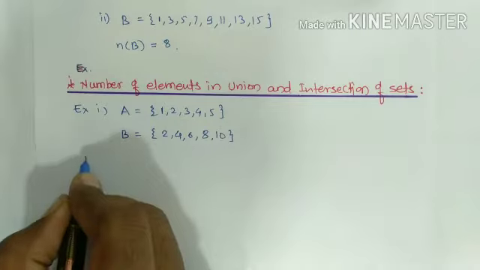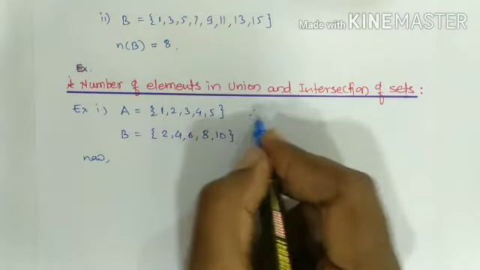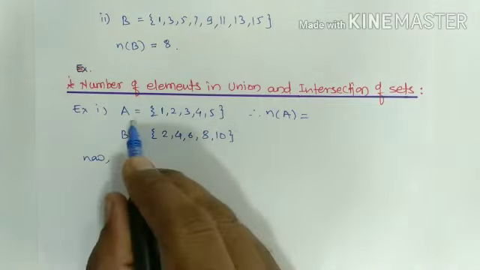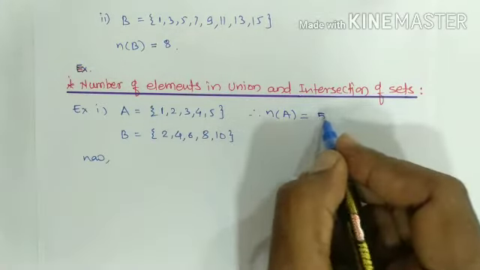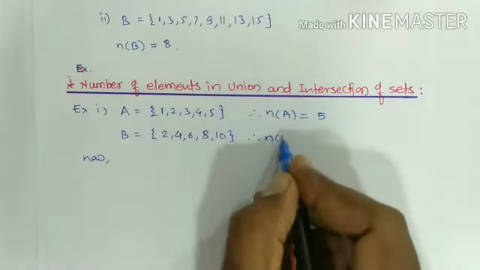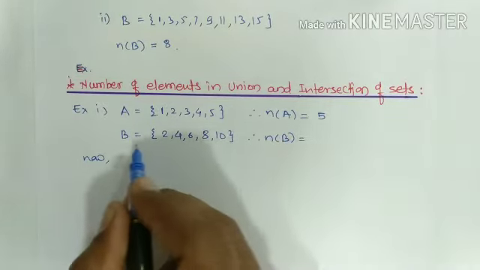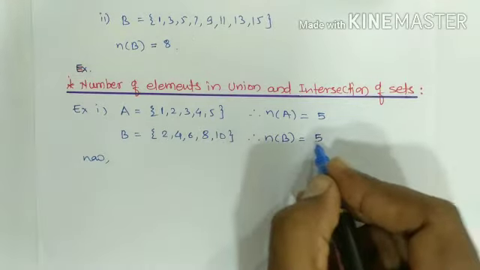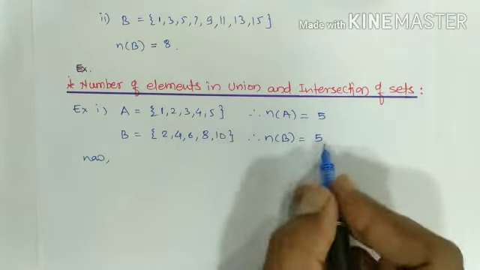Now n(A) equals how many elements are there in set A? There are 5 elements. Therefore n(A) equals 5. Then n(B), how many elements in the set B? There are 1, 2, 3, 4, 5 elements. Therefore the number of elements in set B equals 5.